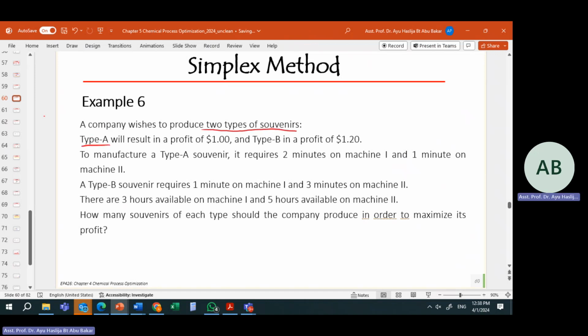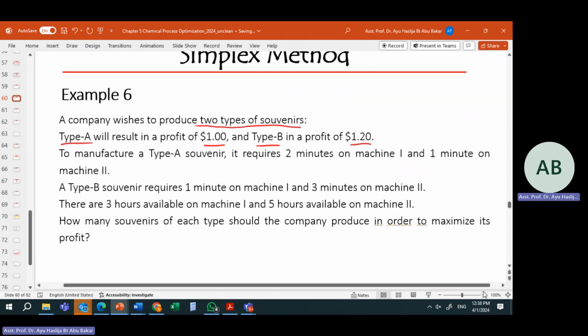Type A results in a profit of $1, while type B results in a profit of RM1.20. To manufacture a type A souvenir, it requires 2 minutes on machine 1 and 1 minute on machine 2.